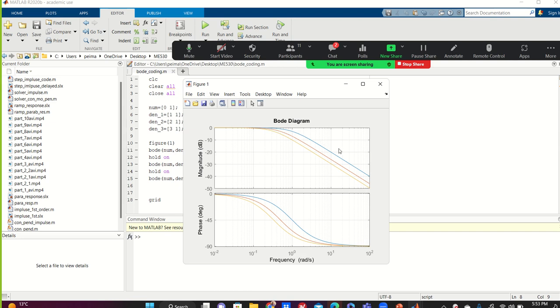The blue line is for the time constant of 1, the red one is the time constant of 2, and this is for the time constant of 3. So the cutoff frequency was here 0.1, 0.2, 0.5. See, half. Okay. See what I'm saying?